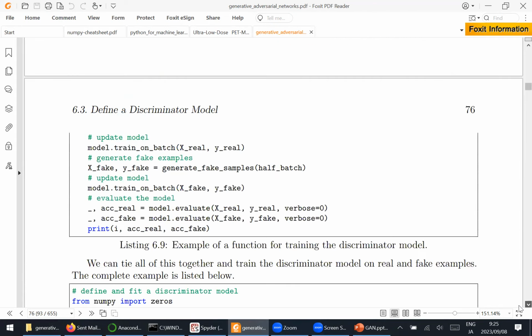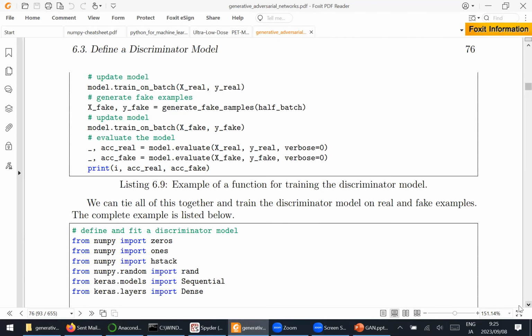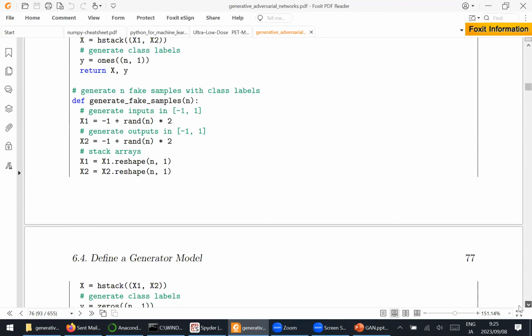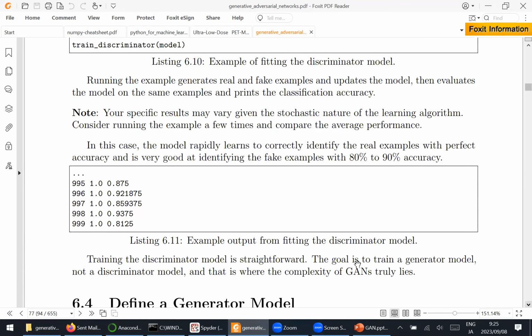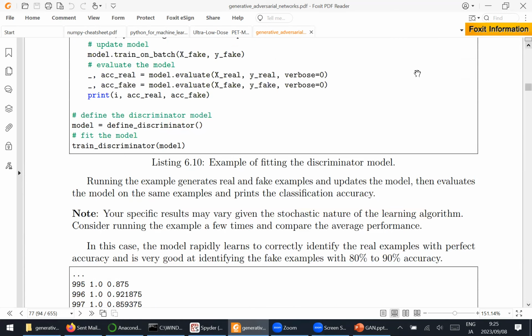So many epochs. If you let that run, you can see, I forgot, the left number is the epoch number, and then the second number here is when we gave it a real sample.